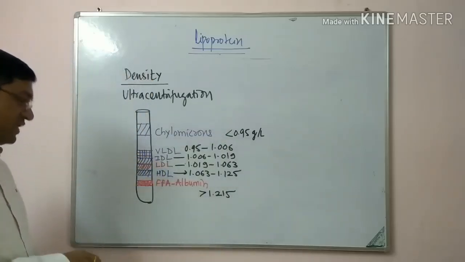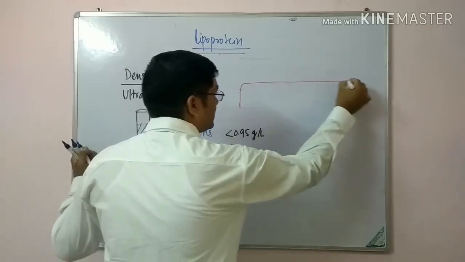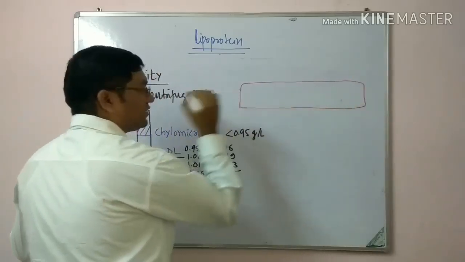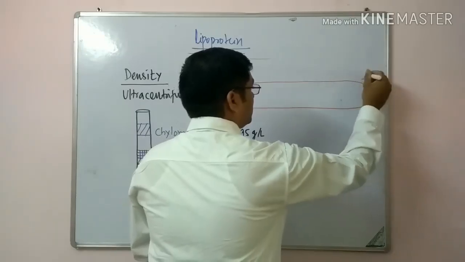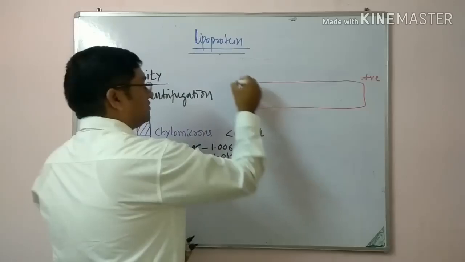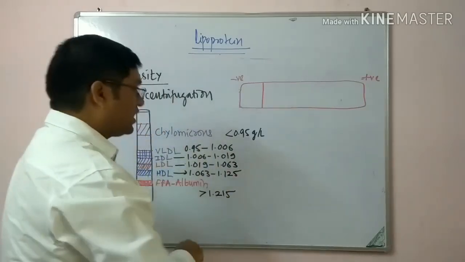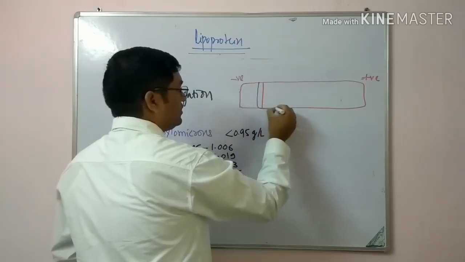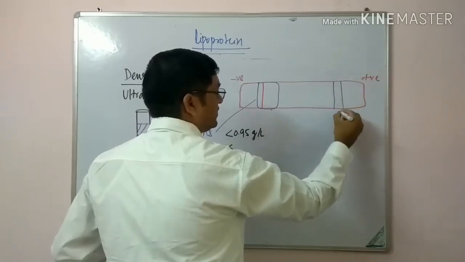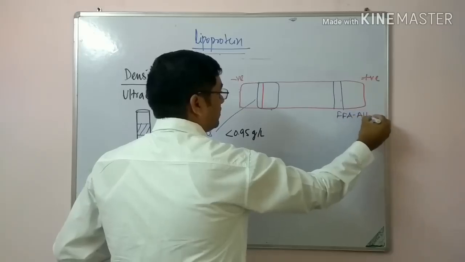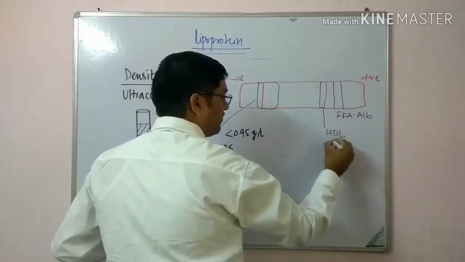The second classification is based on electrophoretic mobility, which is mainly dependent on the size and the protein content. In electrophoretic mobility, this is positive, this is negative, this is origin. So chylomicron is at the origin. Then the free fatty acid complexed with the albumin, followed by the HDL. It is also known as alpha lipoprotein.